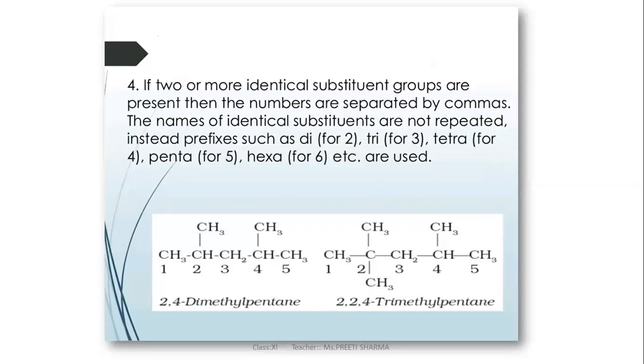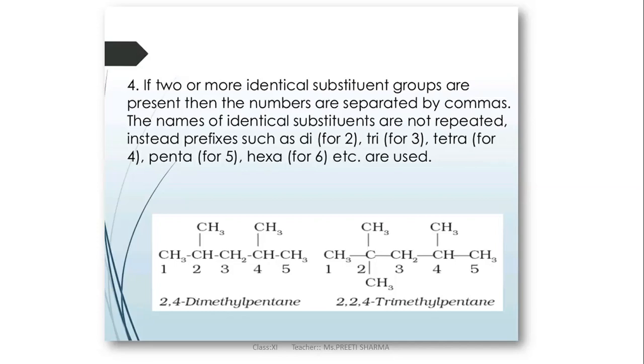If two or more identical substituent groups are present, then the numbers are separated by commas, right? Suppose we have two same alkyl groups present in this chain, one at the second position is methyl, one at the fourth position is methyl, both are methyl groups. Now what to do?